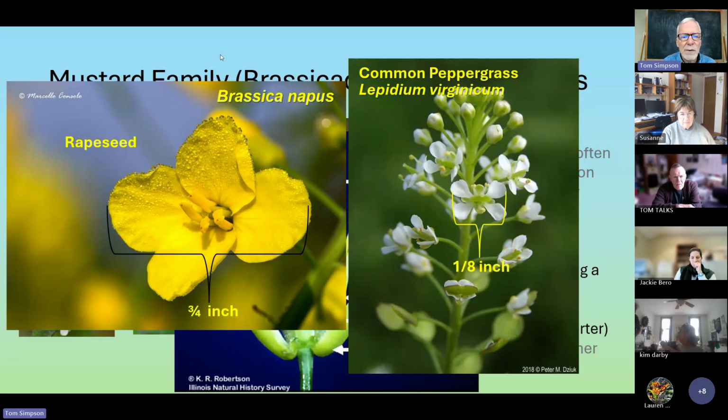This is 3/4 of an inch across and this is 1/8 of an inch across, but the structures look exactly the same, 4 petals, 6 stamens, 4 sepals. So it's so easy to recognize a mustard family plant by that conserved 4-petal, 4-sepal, 6-stamen flower structure. Easy one to recognize.